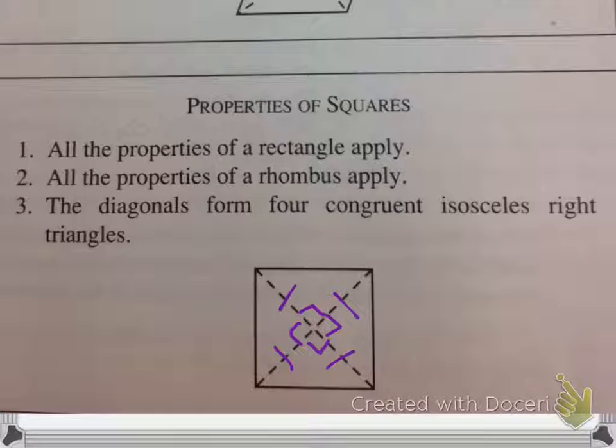So therefore, they're isosceles triangles. It's a square. All your side lengths are the same. So that creates four identical triangles with the diagonals being cut. That's what that means. The diagonals form four congruent isosceles right triangles.